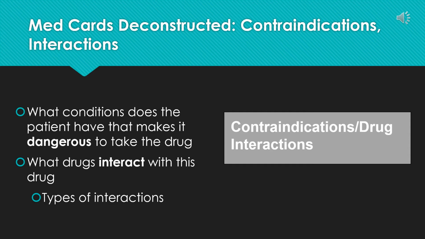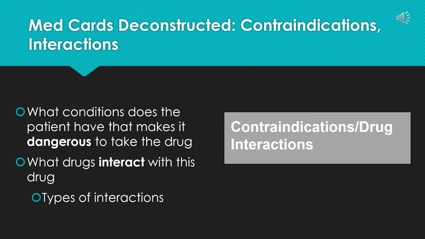I lumped contraindications and drug interactions together. They're really not the same thing, but they're important for the same reason, and that is, what conditions does a person have that might make it dangerous for them to take this drug, or what drugs interact with this drug to make it dangerous for the person to take this drug.